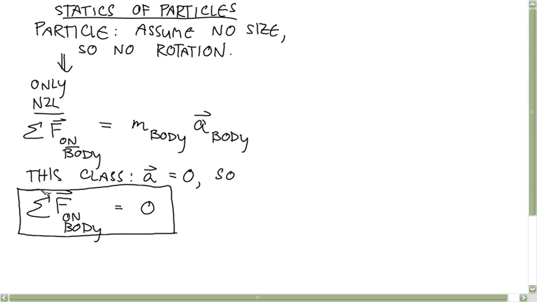We're not going to do this for too many classes. We're going to move on to rigid bodies pretty quickly. So what does this equation apply for?